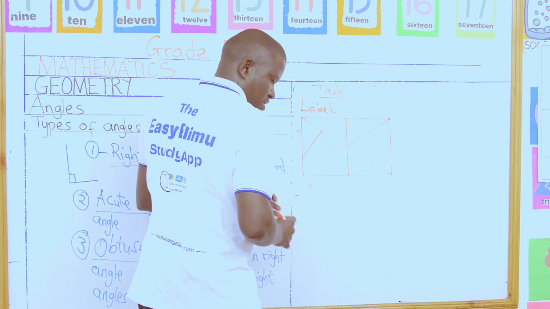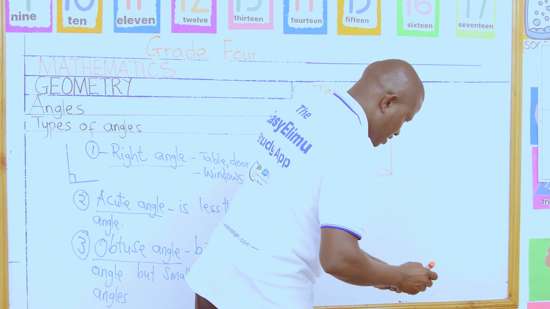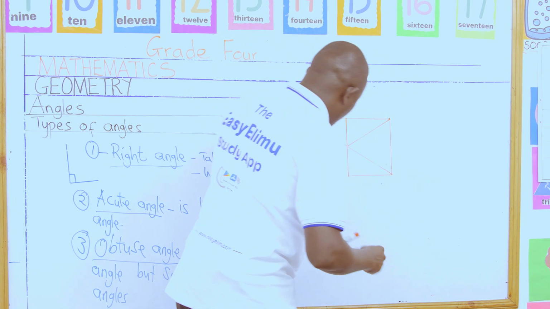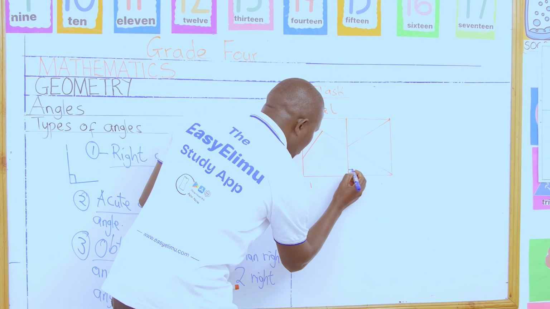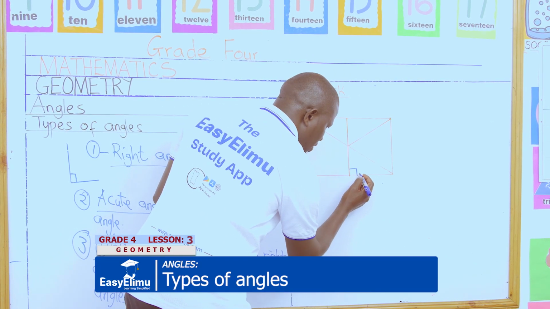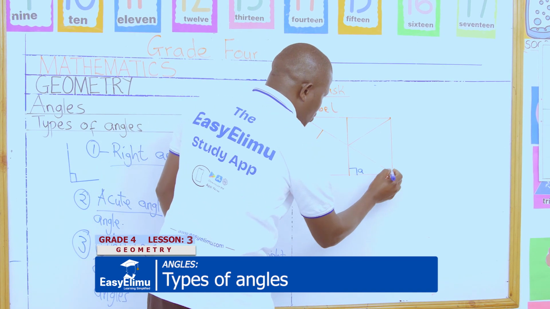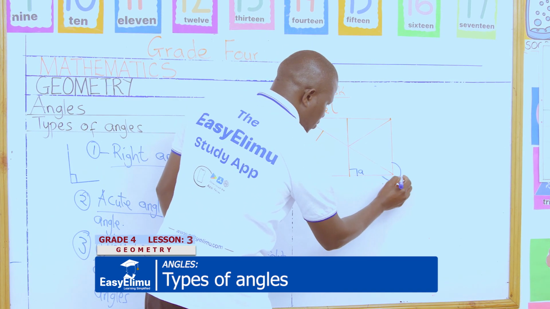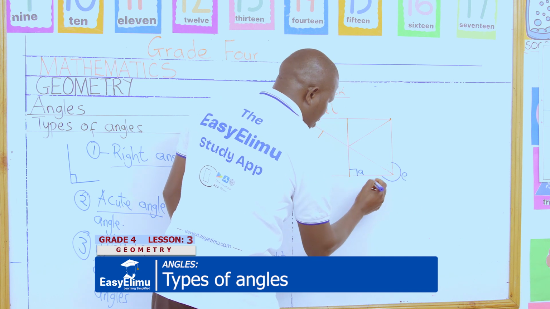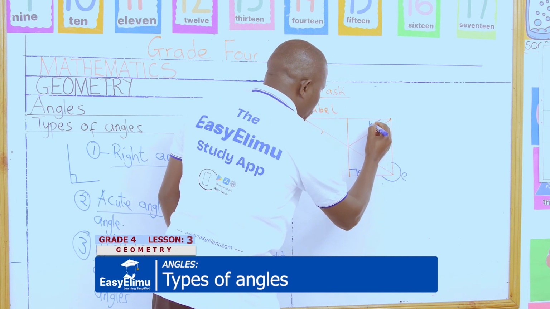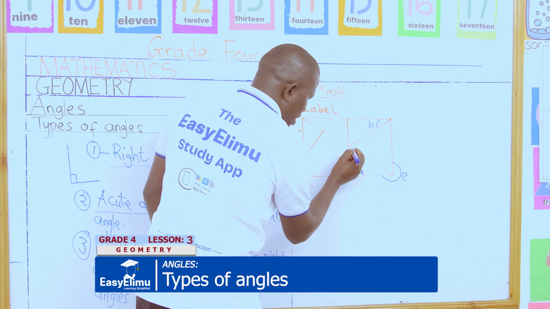I've drawn. Now, the first angle, I'll use a different color for you to identify it. We have that angle and we call it angle R. So label angle R. We also have this angle, we call it angle E. I also have this angle, angle B. I also have this angle here. I have another angle here.